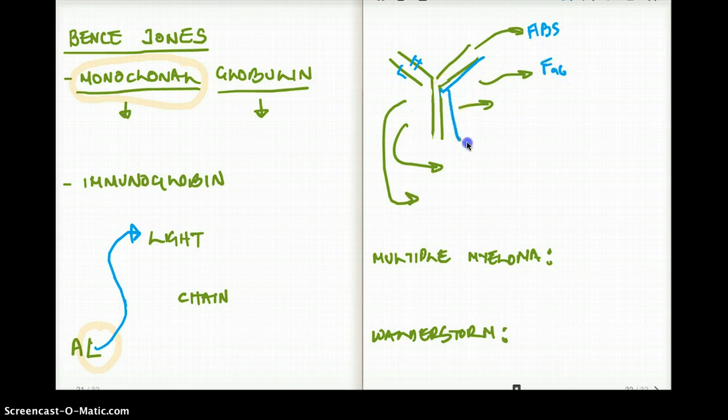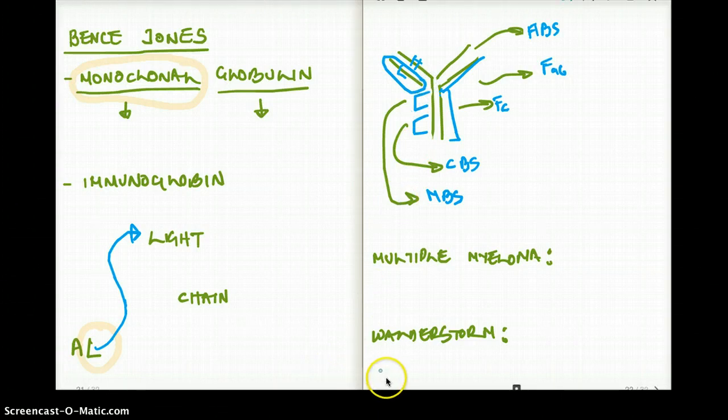This whole thing is FC, and FC can be divided into 2 regions: the complement binding site and the macrophage binding site. Complement comes first, so C for complement binding site, and the second region is the macrophage binding site. So how does this relate to our Bence-Jones proteins? Because Bence-Jones protein is only making these light chains, and we're calling them Bence-Jones, right?